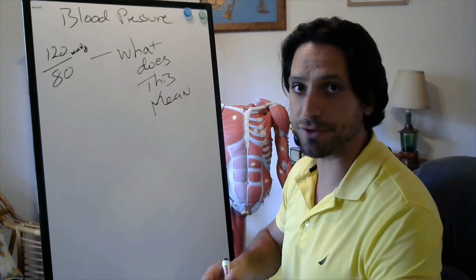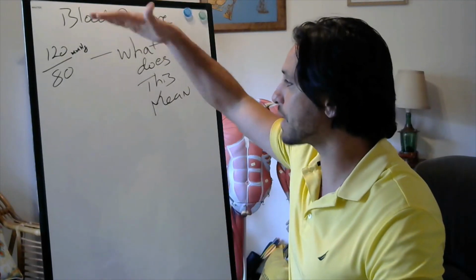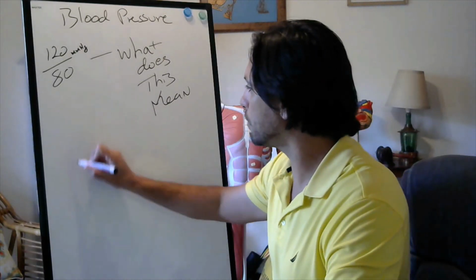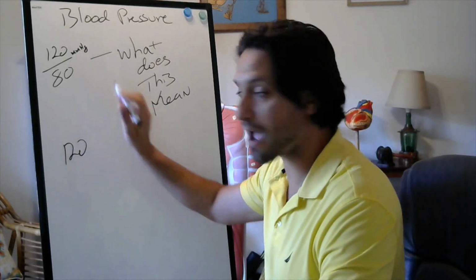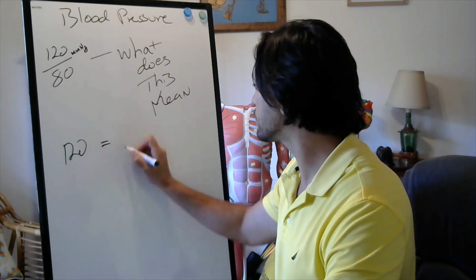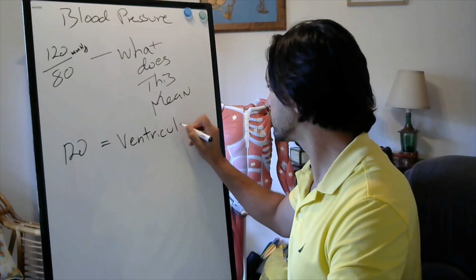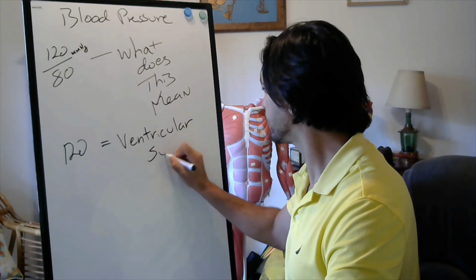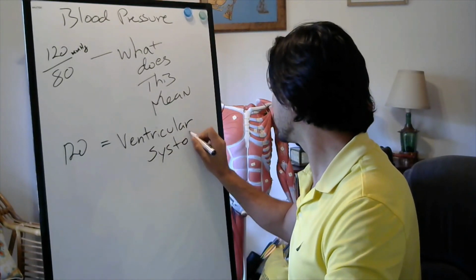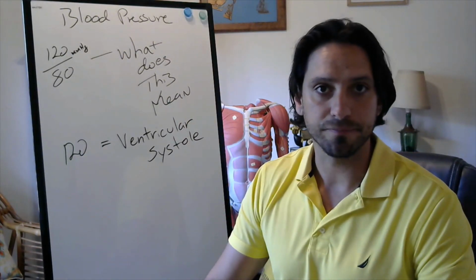But so these numbers, first of all, the 120, the top number, equals ventricular systole, okay?